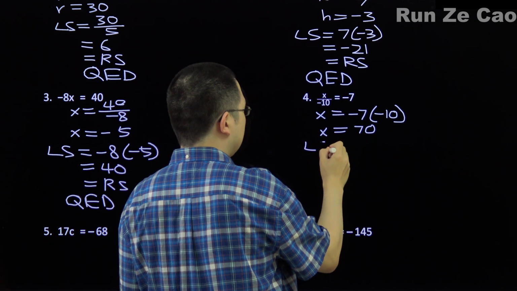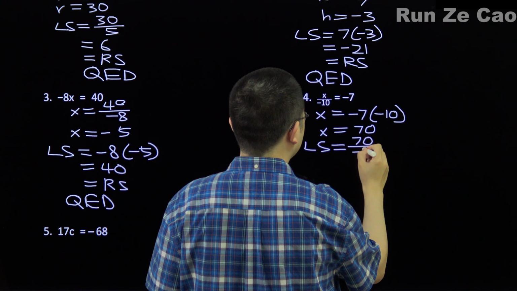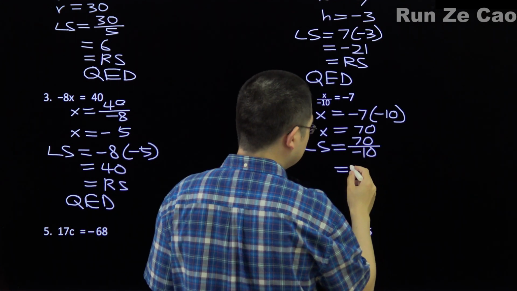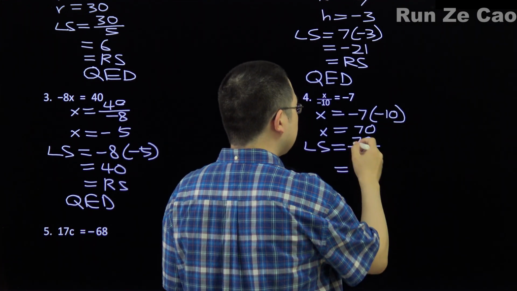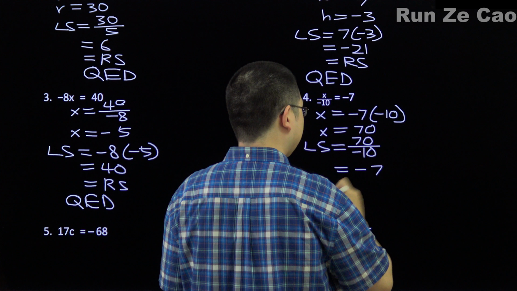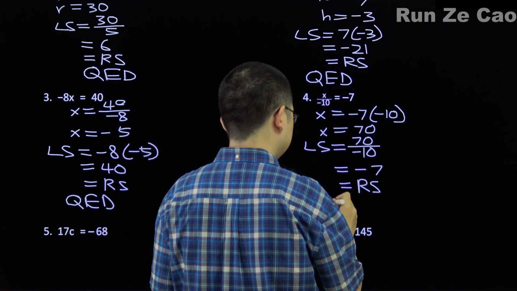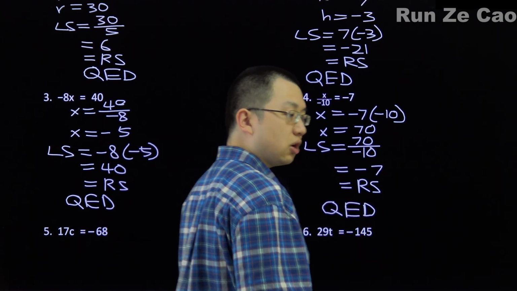And left side is 70 over negative 10. So there's one negative here, therefore the result is going to be negative. And 70 divided by 10 is 7, which is equal to the right side. Therefore, what's been asked has been shown.